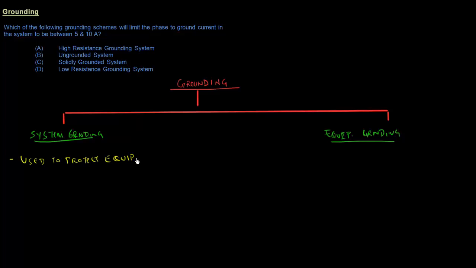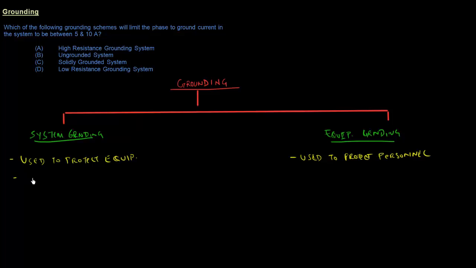So don't let the names confuse you. Equipment grounding is not used to protect the equipment, it's actually the system grounding. Equipment grounding is used to protect personnel. So it's for human protection, whereas system grounding is for equipment protection.